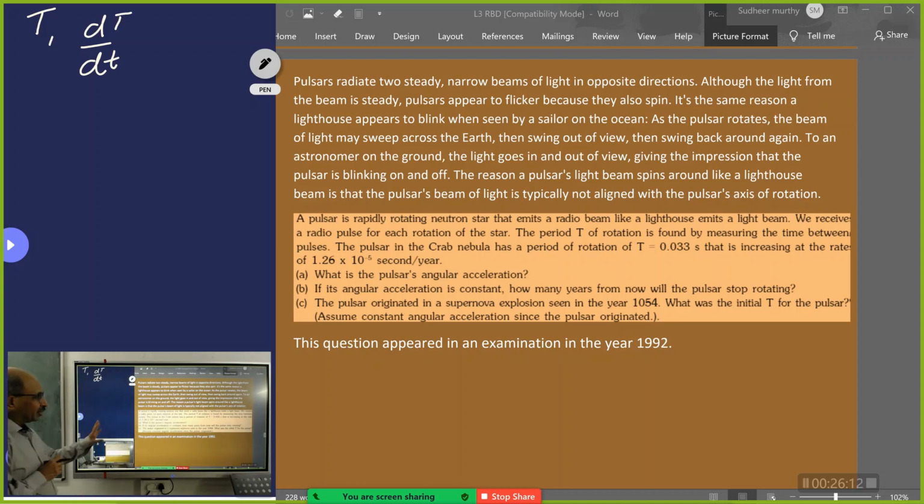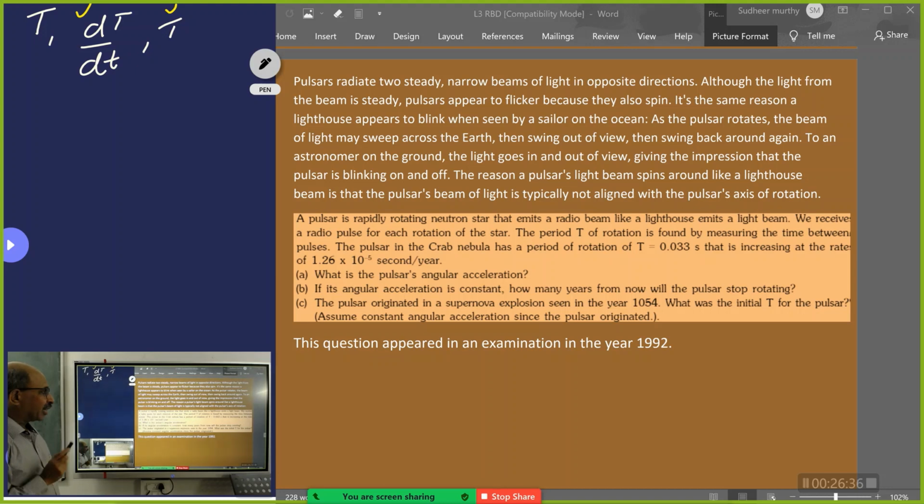What I am trying to make sure, students, is that you convert information into math models. Don't worry too much about the numerical. Whatever information you get as you read, convert it. That is very important. They have given the value of T, and they have also given dT by dt.